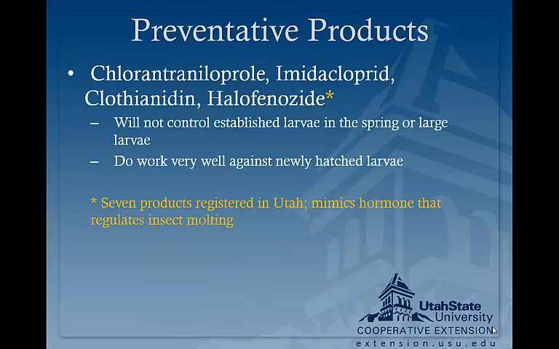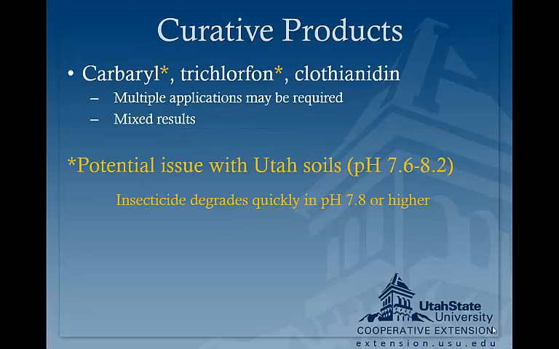So in terms of turf, a lot of different preventative management products here, but even for other settings as well, whether it's for trees or other plants, some of the preventative products are available too. And they're going to work in a very similar way. The curative products, the one thing I wanted to mention here, particularly for soil type applications, we have really high pH soils.